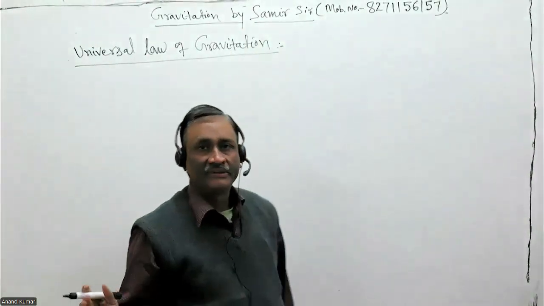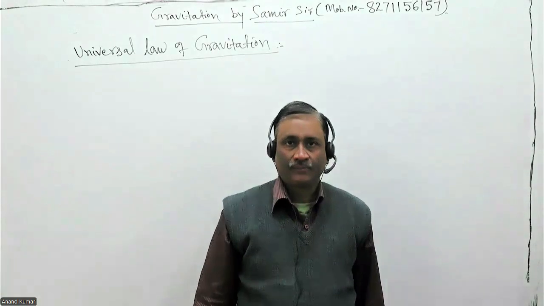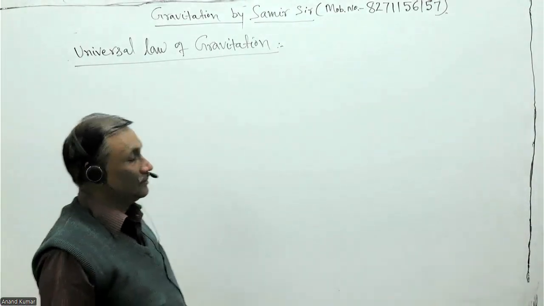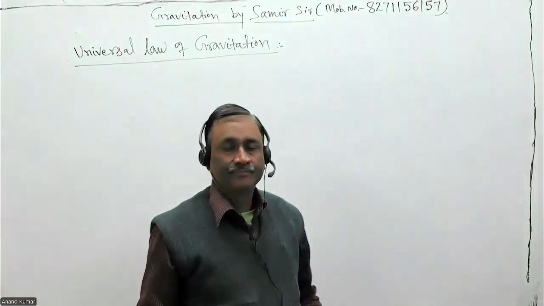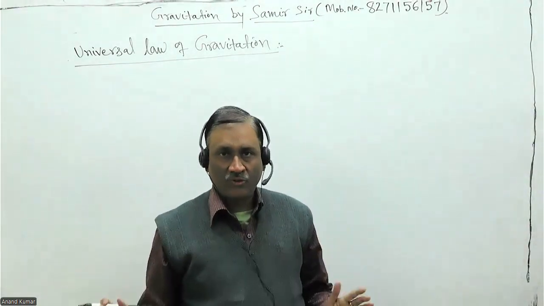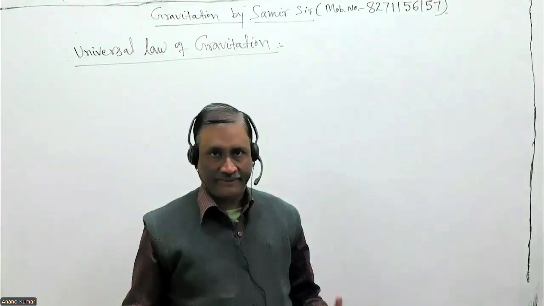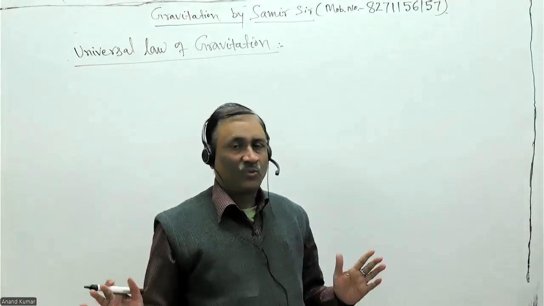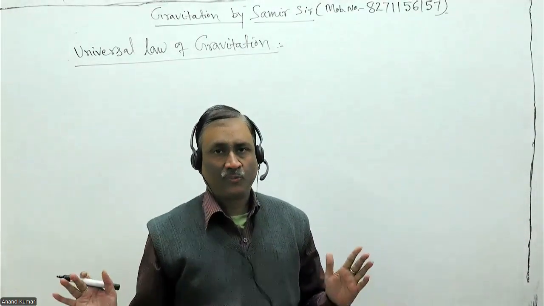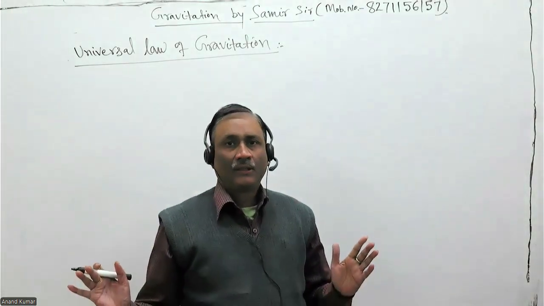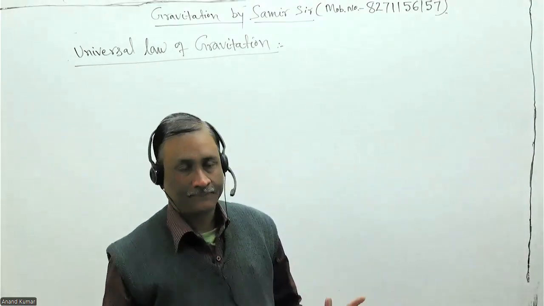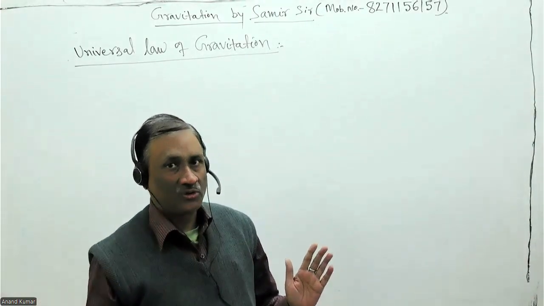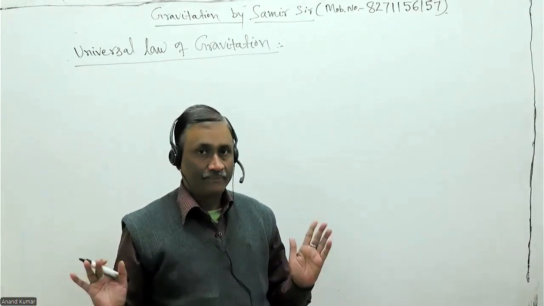This law is stated and derived by the famous scientist Newton. This law may be explained as: the force between two bodies is proportional to the product of their masses and inversely proportional to the square of the distance between them.